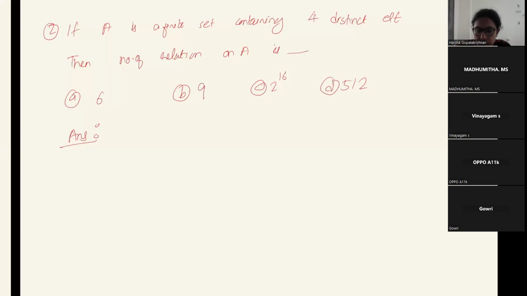Because the power set only is the relation. So 2 power 4, not 9. Okay, let us see. 2 power 16, ma'am.